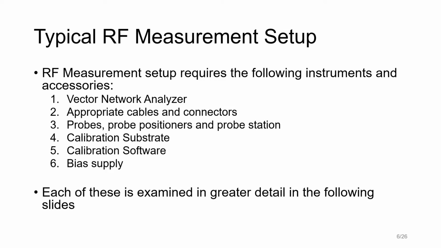We will need probes, probe positioners, and a probe station. We will also need a calibration substrate and calibration software, and we will require a bias supply. All of these individual accessories and components are examined in greater detail in the slides to come.